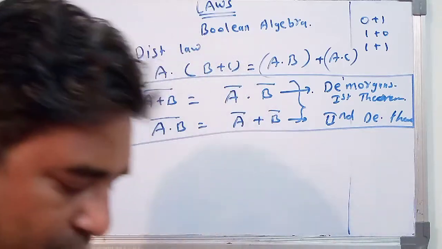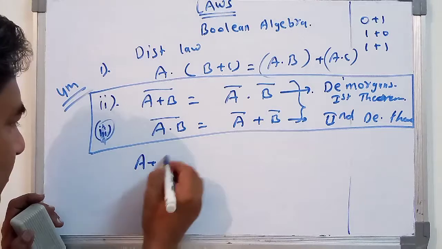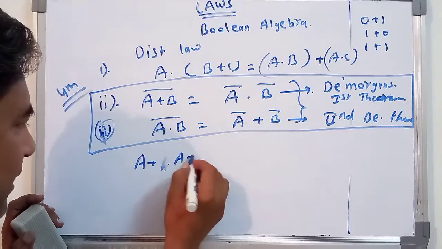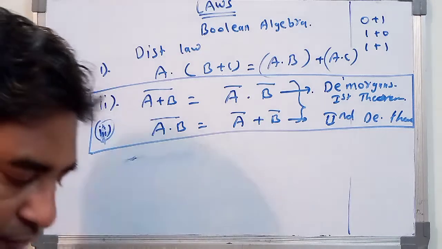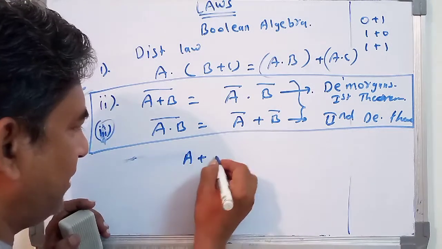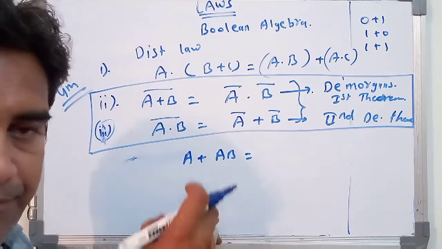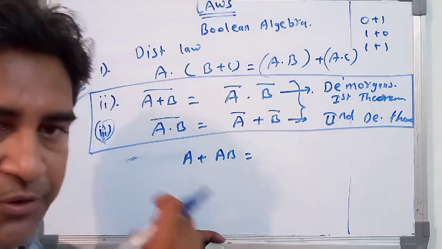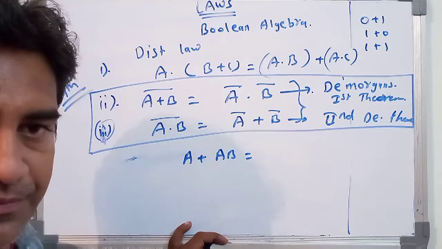Now, if you have another, that is a plus ab, what are we going to consider here? Suppose you have the value of a, and b is 1 or 0.